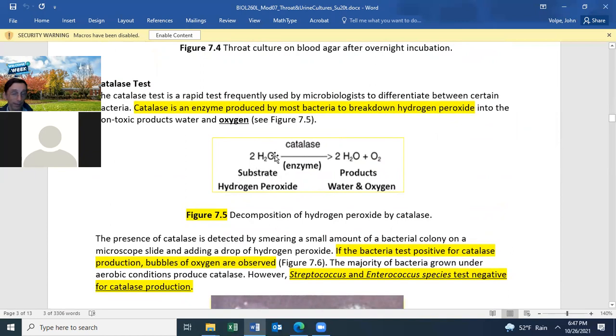And so they need to remove the toxic substance. Most cells that live in the air have catalase, like your skin, and it can convert hydrogen peroxide into water and oxygen. The making of oxygen produces the bubbles. Any question about any of that?